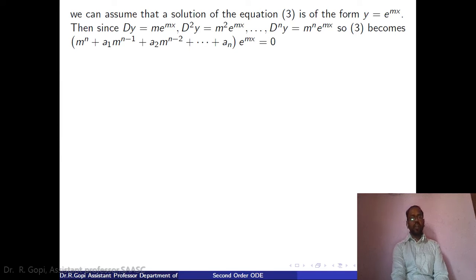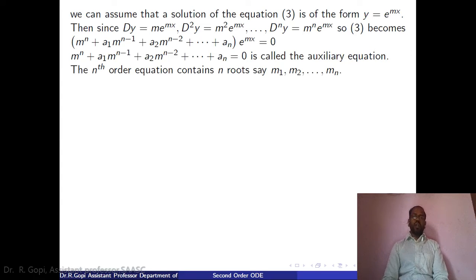So m^n plus a1 m^(n-1) plus a2 m^(n-2) plus and so on plus an equals 0. This equation is called the auxiliary equation, because we assumed the solution y equal to e^(mx). The auxiliary equation is an nth order equation, so it contains n roots.